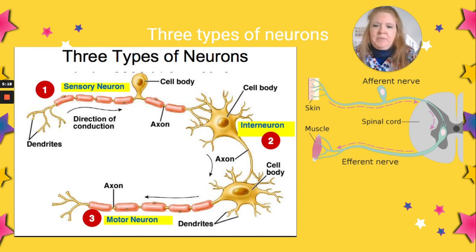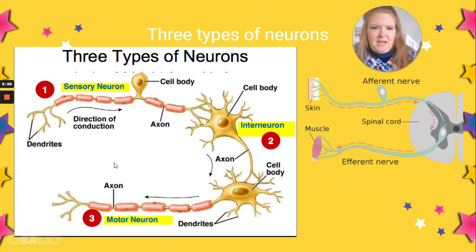So what happens is a receptor is signaled in a sensory neuron. The dendrite picks up the signal and sends it all the way down the axon, and then it is close to the dendrites on an interneuron, which picks up the signal and sends it all the way down to the dendrites of a motor neuron, and that is what is going to cause a response.